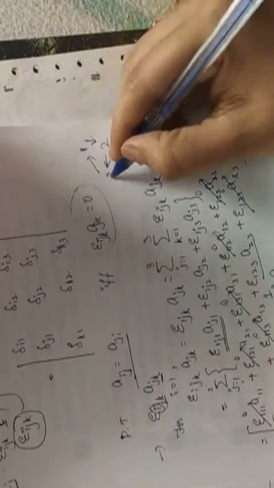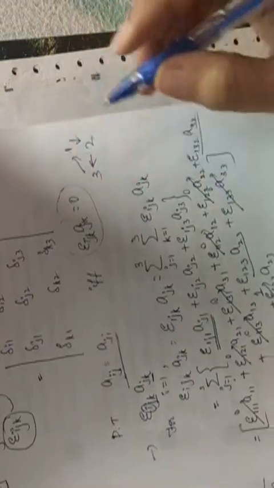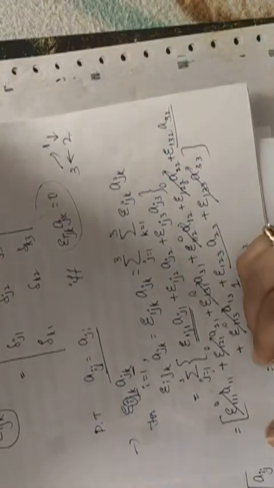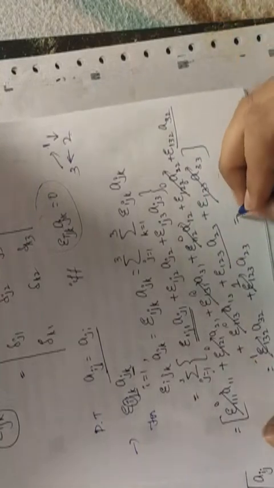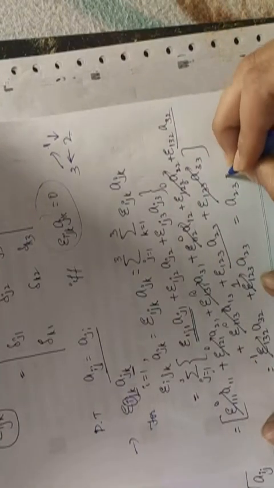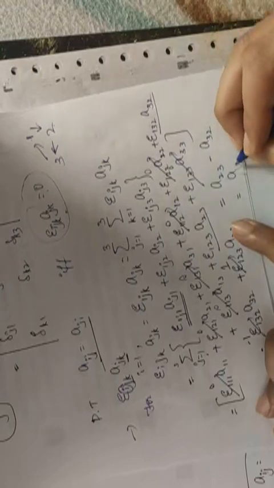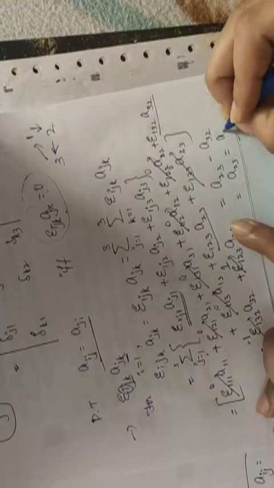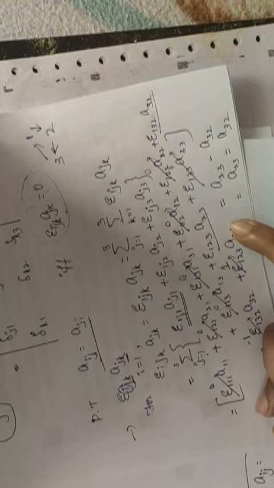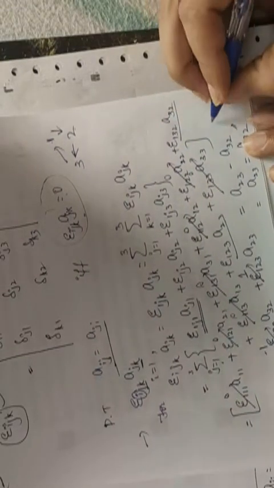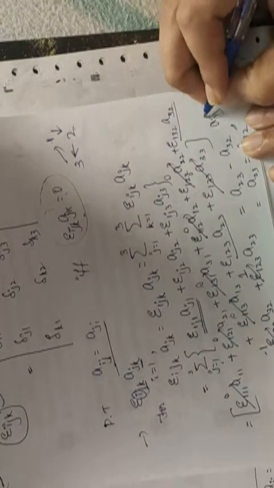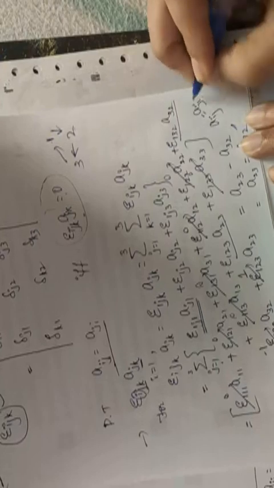But what about 132? This is in acyclic manner. So epsilon 132 takes the value minus 1. So this becomes a23 minus a32. Since epsilon ijk ajk is equal to 0, this will become a23 is equal to a32. In general, I can write this as aij is equal to aji.